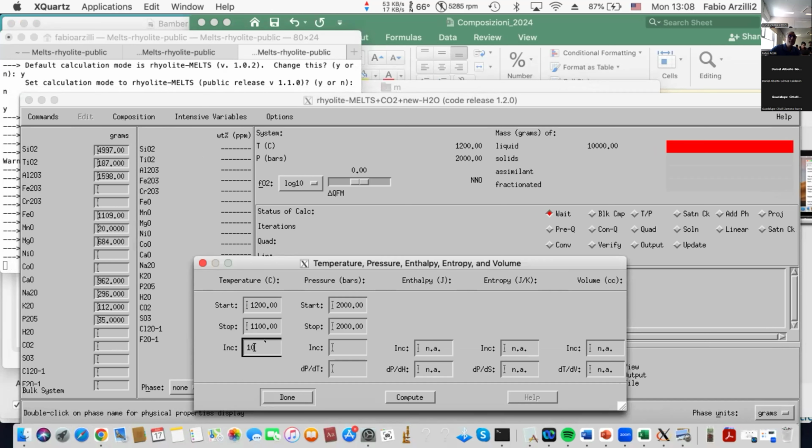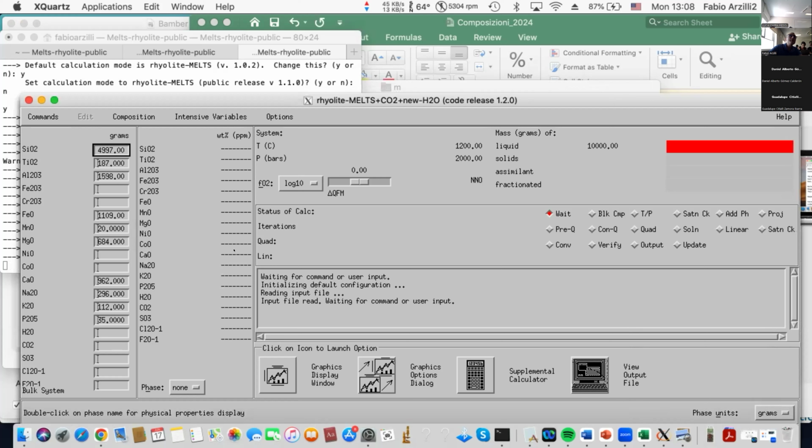Put everything. Okay, then this we said was big. Here we put 200. So we increase the CO2, it is constant at 3. And now we increase the water and we investigate 2% of these conditions.